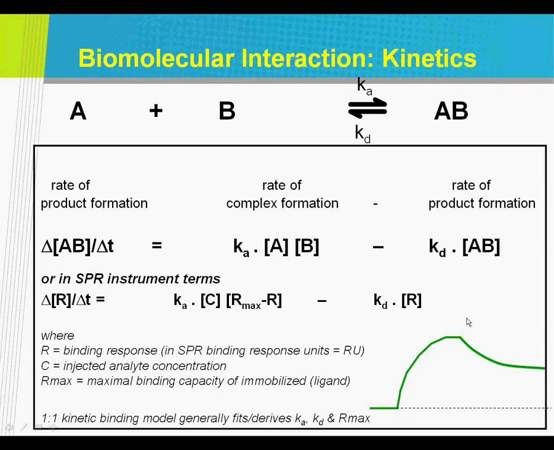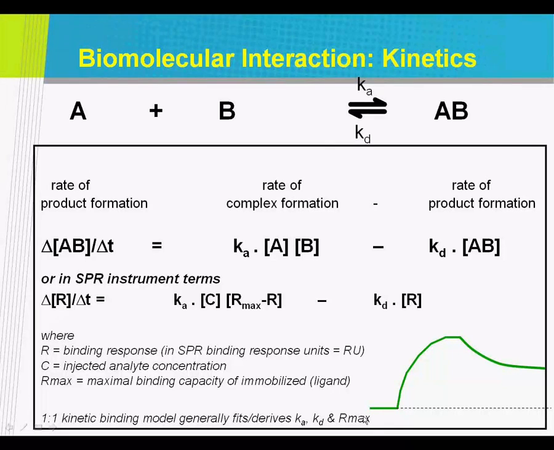And just one last thing to mention: what does this all mean? What do these parameters really tell you? Association and dissociation rate parameters can be used to analyze your equilibrium and the basic affinity.